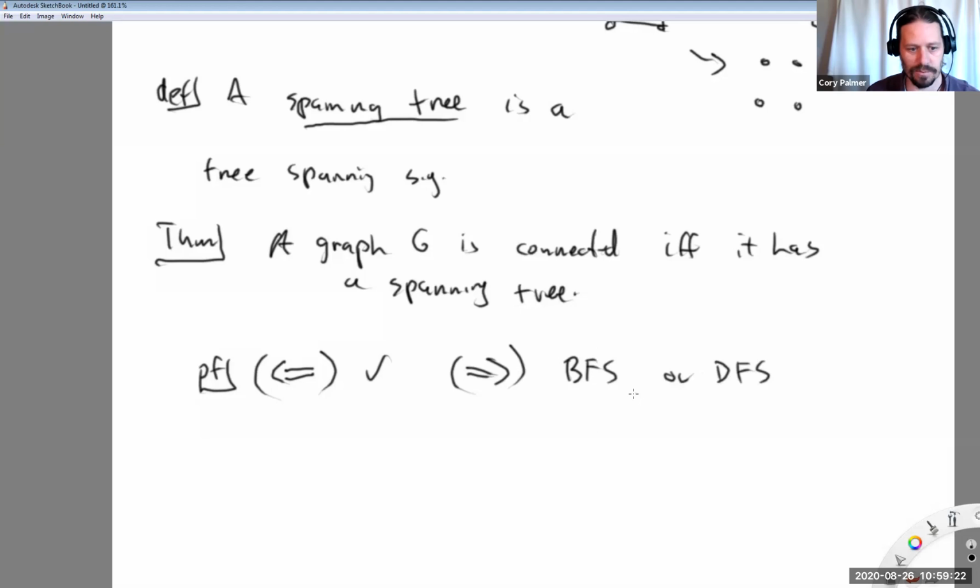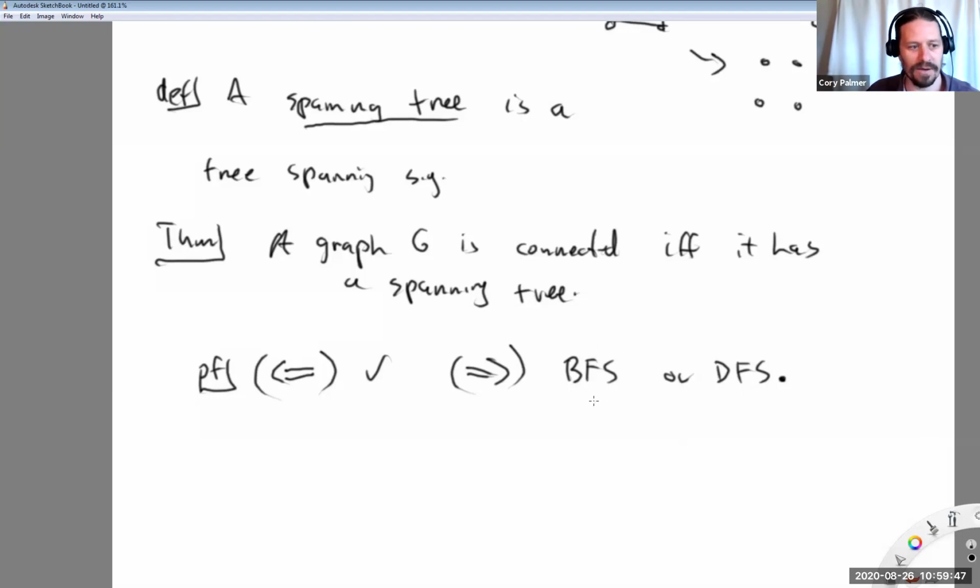Grab a vertex and perform breadth first or depth first search. If you're connected, this procedure will stop and it will produce a tree for you. These two in principle are two distinct trees. I stated one of these algorithms in the earlier notes. I haven't talked about it here, but this confirms the theorem as well, and it actually finds you a spanning tree.